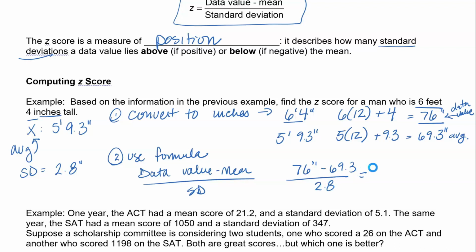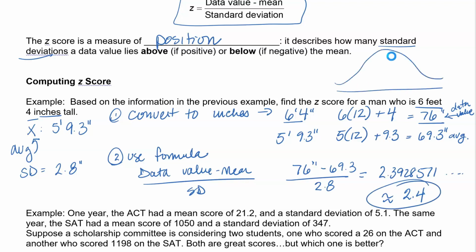And if you calculate all of that, you end up getting 2.3928. It's a big long number. Let's say we're asked to round to 1 decimal place, you get approximately 2.4. So it means that a male, I'll just draw a picture, if the average is 69.3 inches and this person is 76 inches, it means his z-score is 2.4. It means 2.4 standard deviations above average, which means he's pretty tall.